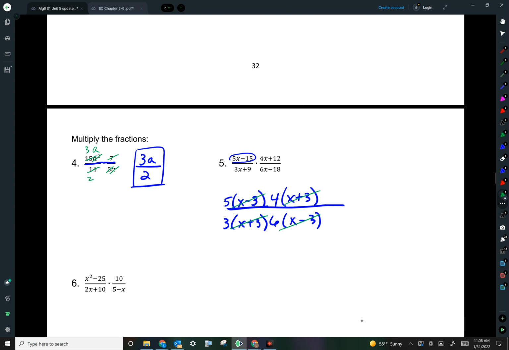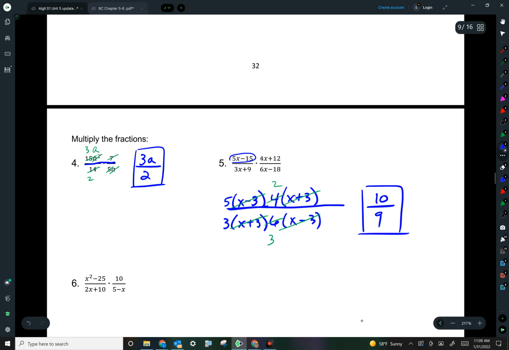And now, where a lot of people would say, oh, 5 times 4 is 20 over 3 times 6, that's okay, but you're not done. So keep canceling. Like we could say, hey, the 4 and the 6, wouldn't that reduce to be 2 over 3? So now what I have left on top, 5 times 2 is 10, and on the bottom, 3 times 3 is 9. So this is completely factored.